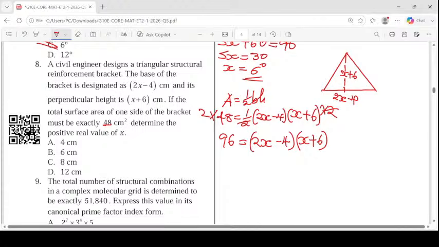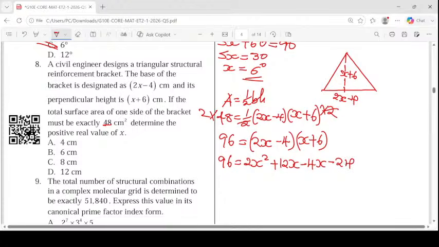So this will be 96 is equal to 2x times x, that will be 2x squared, 2x times 6, that is plus 12x. Negative 4 times x, that is minus 4x. Negative 4 times 6, that is negative 24.